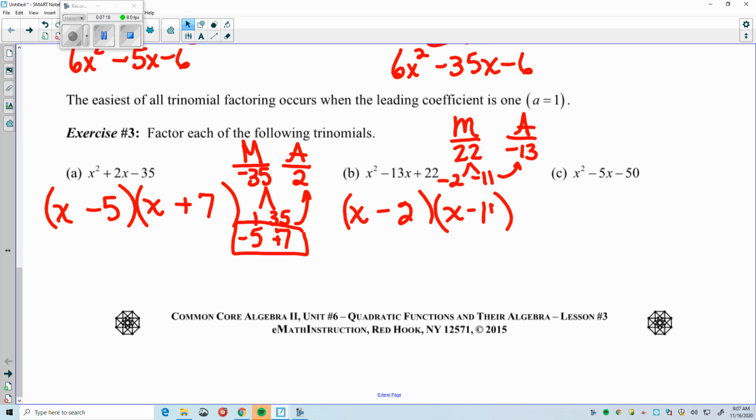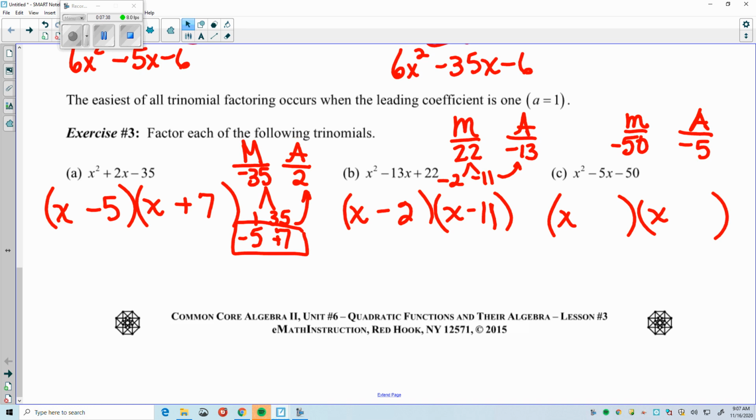Okay. And so last thing that we have here, again, it has to multiply to be negative 50. It has to add to be a negative 5. Because it's a coefficient of 1, I know each of my terms are x.